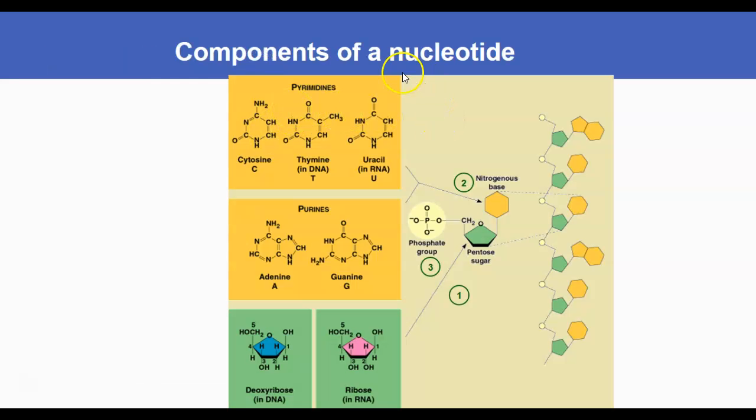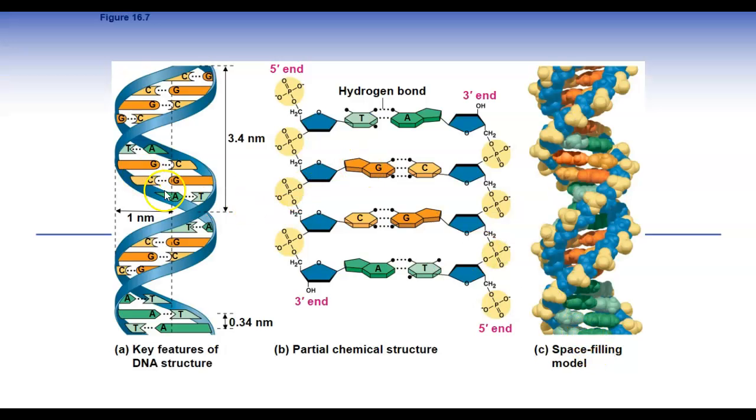But again, we have the components of a nucleotide. We've got that nitrogenous base, we have that sugar, and then we have a phosphate group. What we see in DNA and RNA is the sugar phosphate backbone with the nitrogenous bases on the side. And that makes the famous double helix that we see in DNA, where you have 2 different strands running in opposite directions.